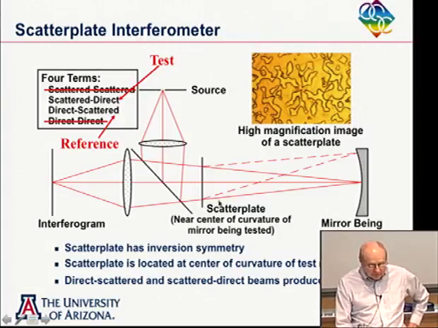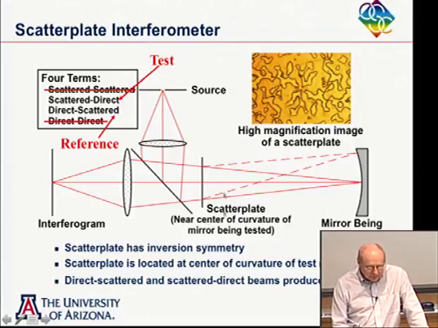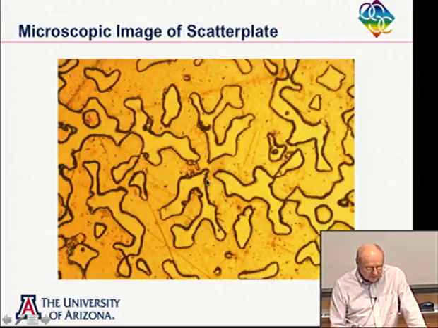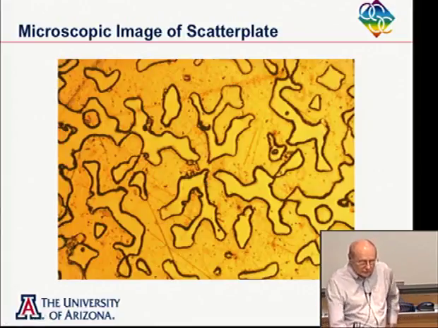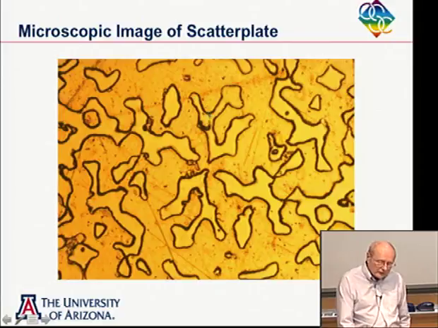Now, I said last class, this scatter plate, if you were to just look at it with your naked eye, it would look like a piece of ground glass. But if you look at this through a microscope, at high enough magnification, for a good scatter plate, you'll see something like this. I look at this region here. Oh, I have something down here. It's about the same. I look at this. Oh, about the same over there. Look at this.